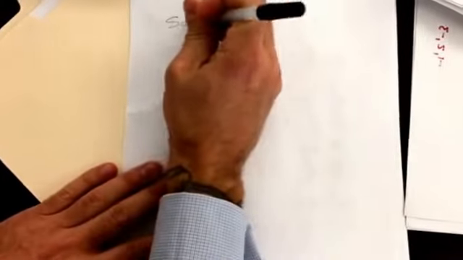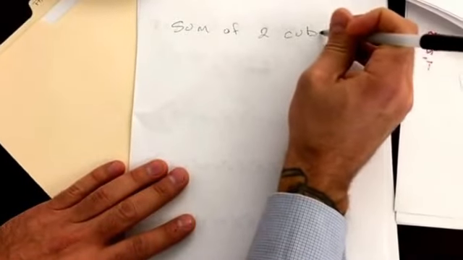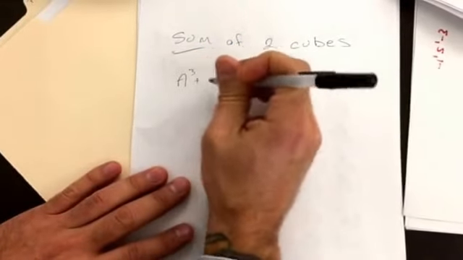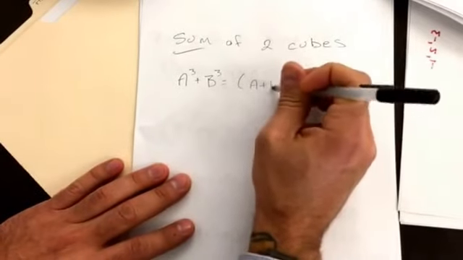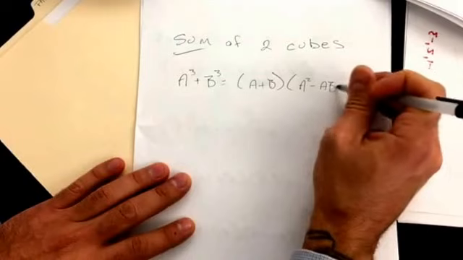Now I'm going to do the sum of two cubes. Sum means addition. So that's when I have something like this, a cubed plus b cubed. This is going to become a plus b times a squared minus ab plus b squared.